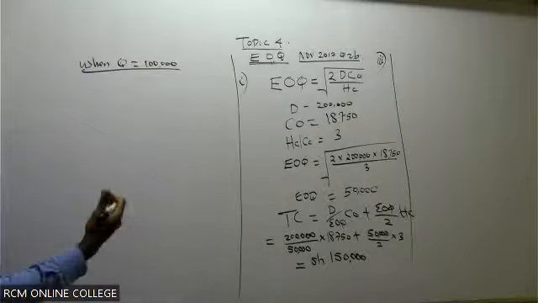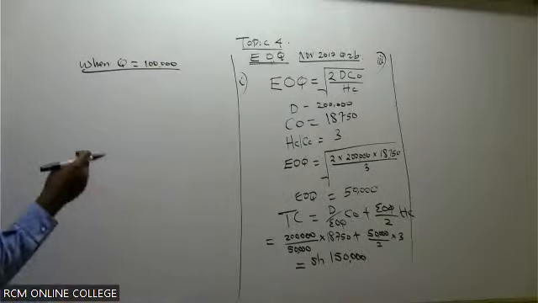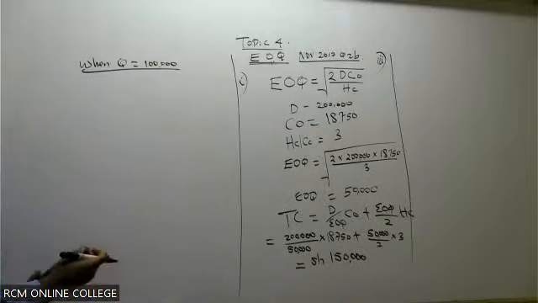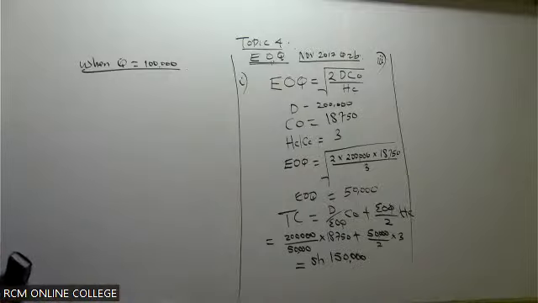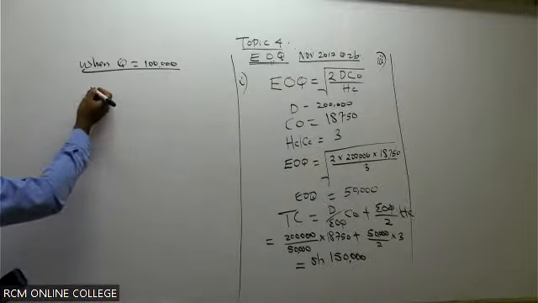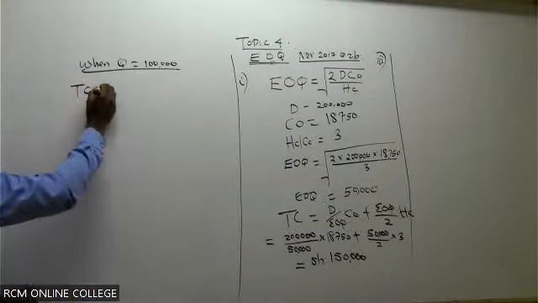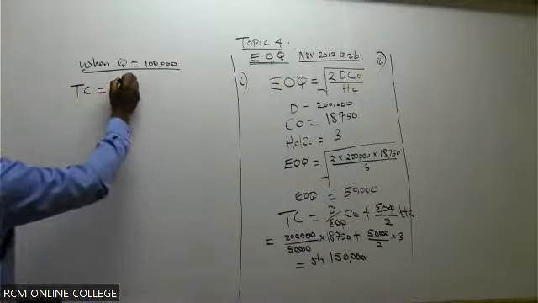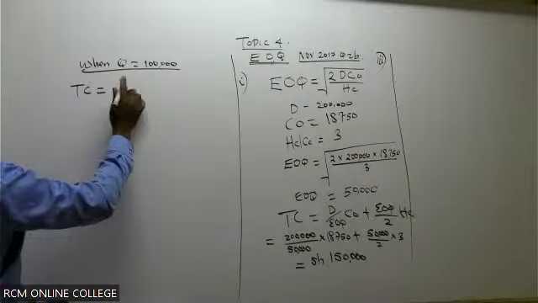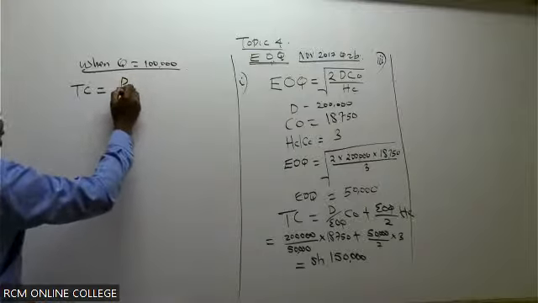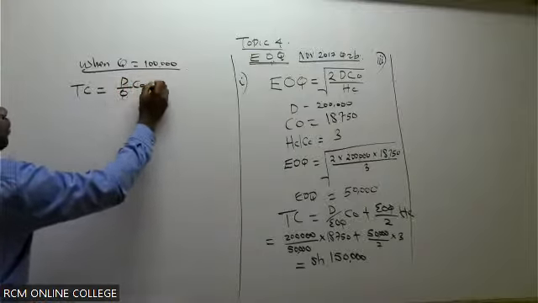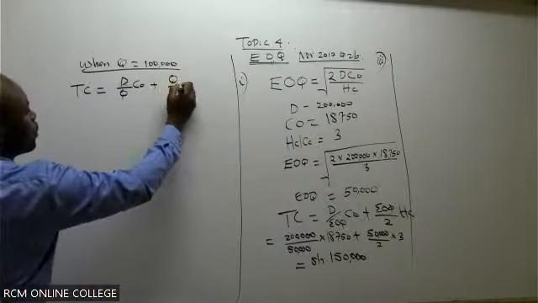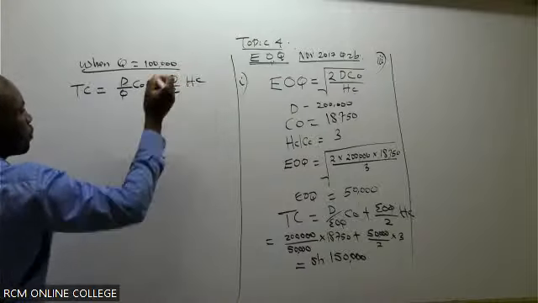What did we say under the assumptions? The demand is predetermined and known. It does not change during that particular period. So here I will say total cost is equal to demand over quantity multiplied by ordering cost, plus quantity divided by 2 multiplied by holding cost.